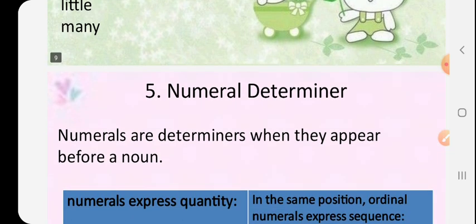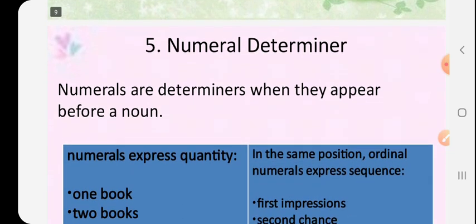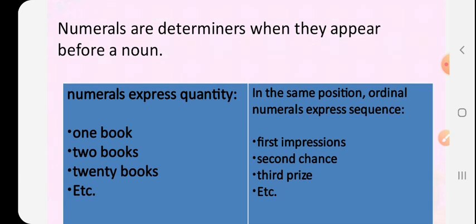Up next is numeral determiners. I told you that they have two parts. First is cardinal, second is ordinal. Cardinal means simply the numbers 1, 2, 3, 4, 5, 6, 7, 8, 9, 10. Ordinal determiners are those which tell us about the order of something, like first, second, third.